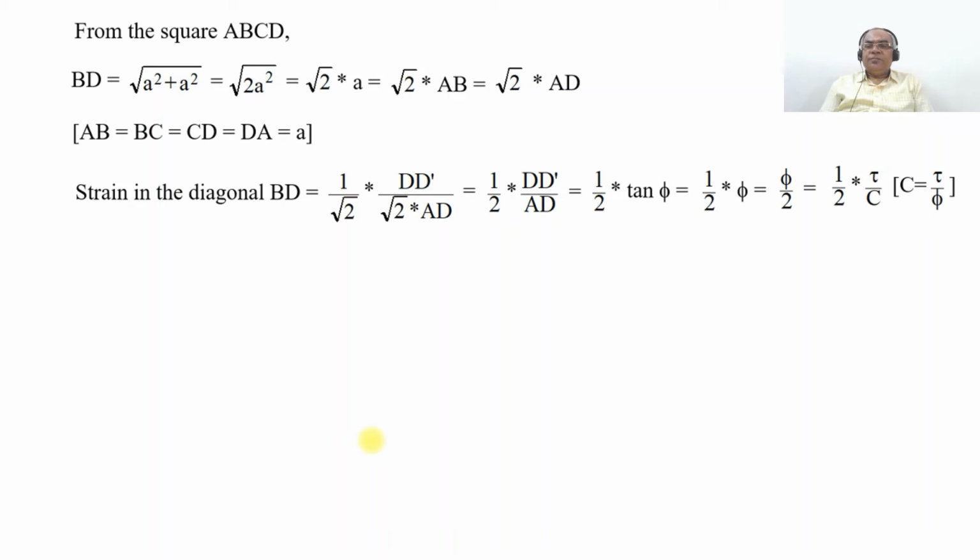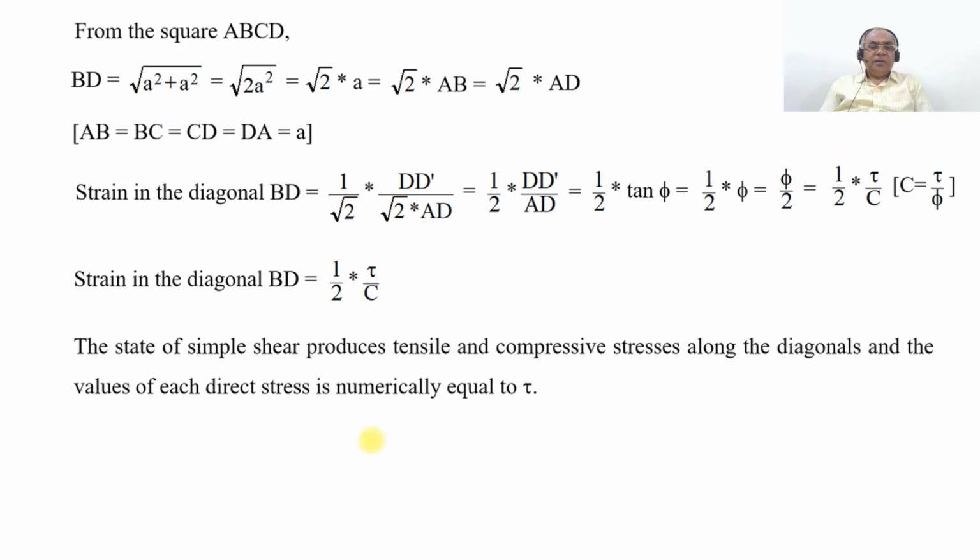Half into what is phi? Phi is tau by C, because the modulus is shear stress by shear strain, so C is equal to tau by phi. So the strain in the diagonal BD will be equal to half into tau by C. Therefore, the state of simple shear stress produces tensile and compressive stress along the diagonals, and the value of each is numerically equal to tau.